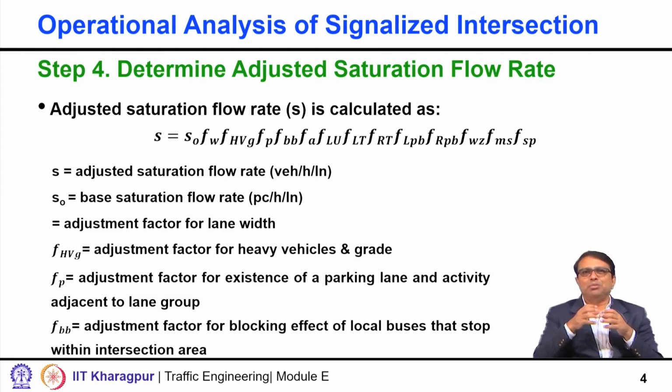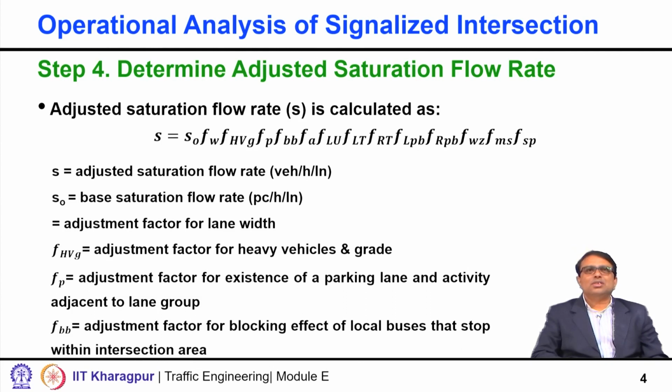Every time we carry out the calculation in step 3, we have to come back to step 4, get the saturation flow values, and then go back to step 3 again to complete the calculation. I said to just assume that the saturation flow is given like this. So, where is it coming from? It is coming from step 4.